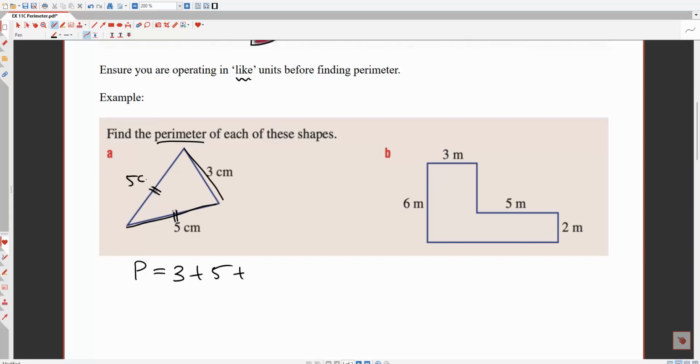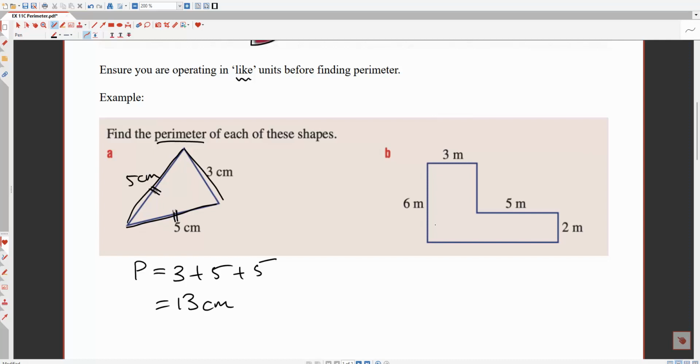So this is also 5 centimeters. So it'll be 3 centimeters plus 5 centimeters plus this distance here, which is 5 centimeters. That's 10 plus 3 is 13, and let's not forget the unit, it's 13 centimeters. So the distance around this triangle here, an isosceles triangle, is 13 centimeters.